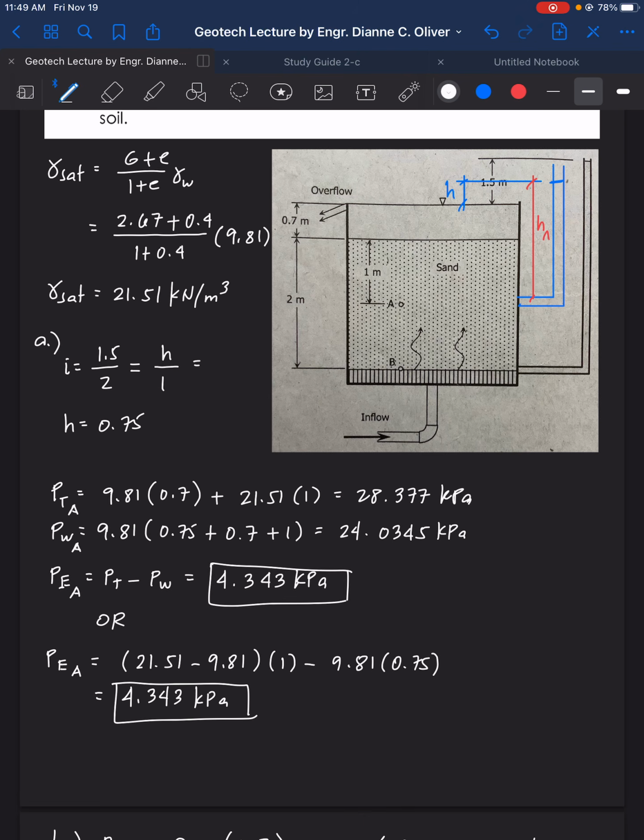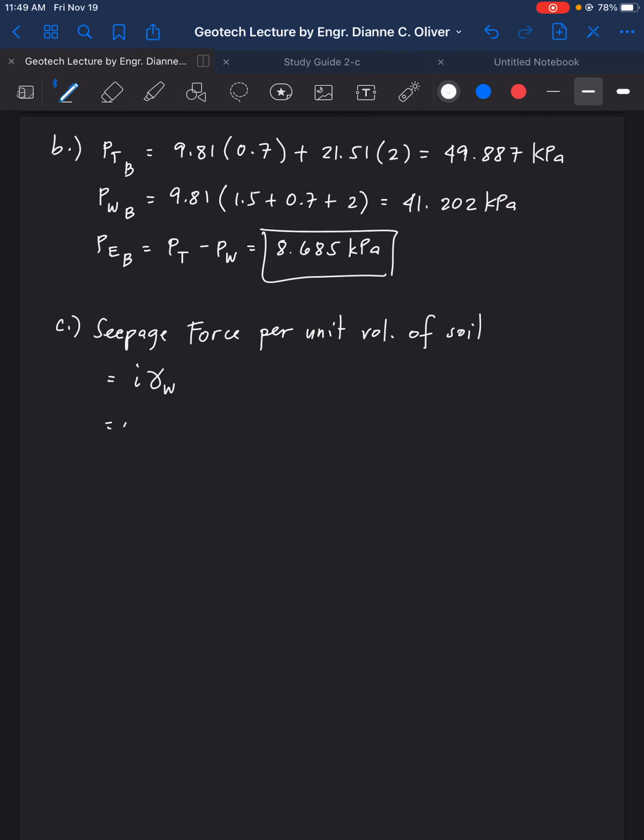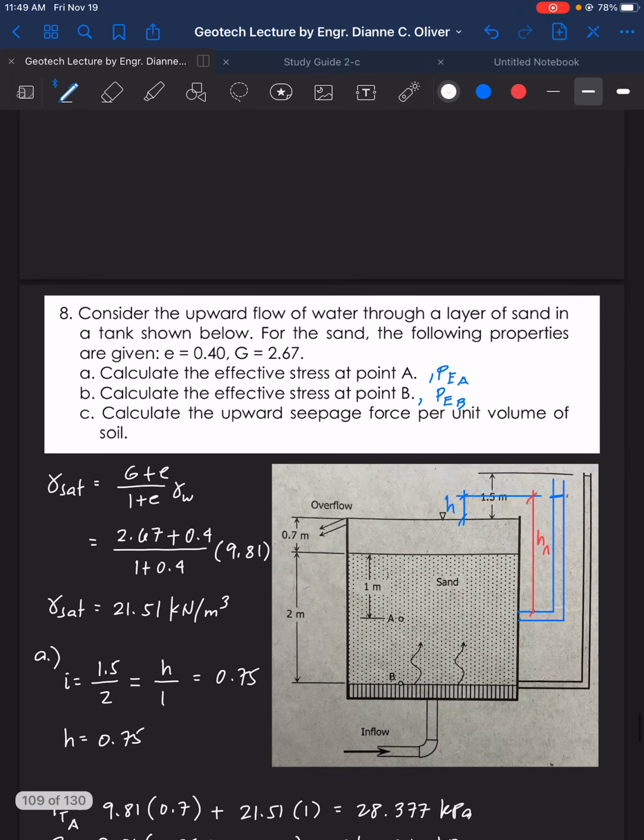So i is equal to 0.75, times gamma of water 9.81, is equal to 7.3575. The unit is kilonewton per cubic meter. Okay, so that's for number 8.